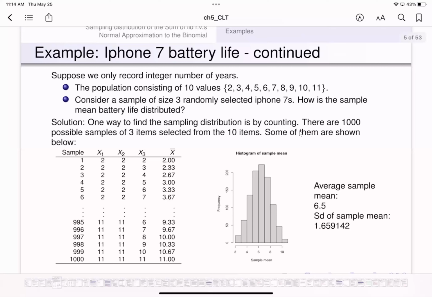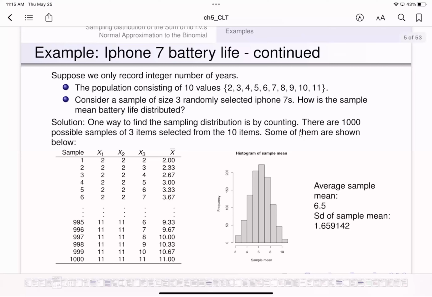The first sample contains 3 values, 2, 2, 2, and that gives me an average of 2, and so on. In this example, the population consists of just 10 values, from 2 years, 3 years, up to 11 years. If you consider any one customer's iPhone, the value would be one of those 10 numbers.